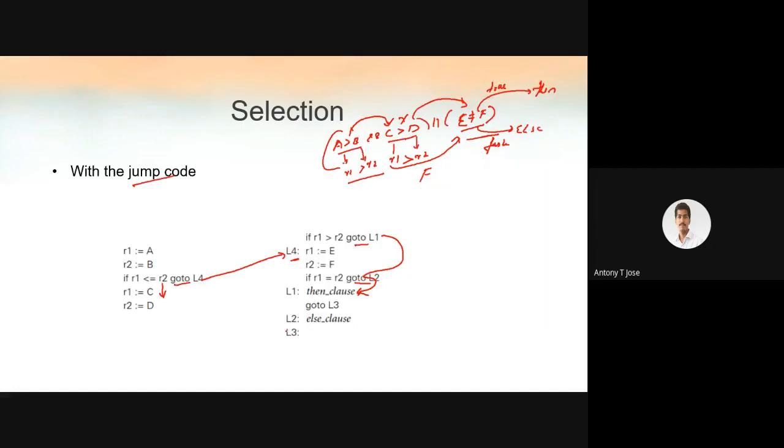In jump code there are some go-to statements we can write, and this will be full of go-to statements, and it will be easier to evaluate and easier to write code. I hope it is clear. So that's all about selection.